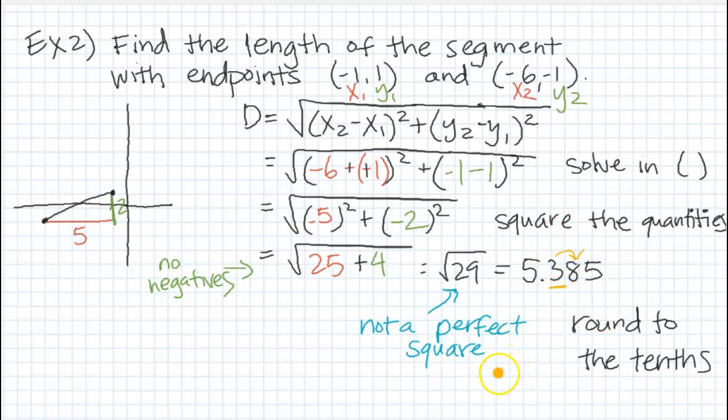So the following number is 8, and if that number happens to be 5 or more, which 8 is, it is going to tell me to round my tenths digit up. So I would round this answer to 5.4. And that is my final answer for the distance between these 2 points.